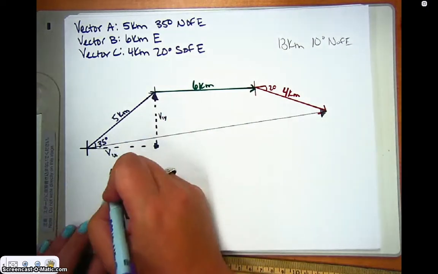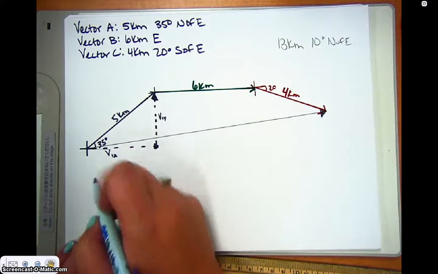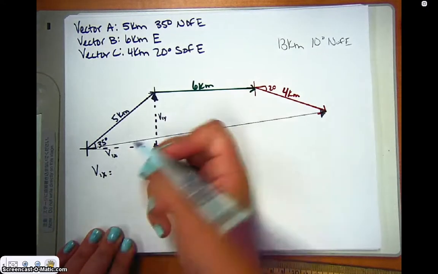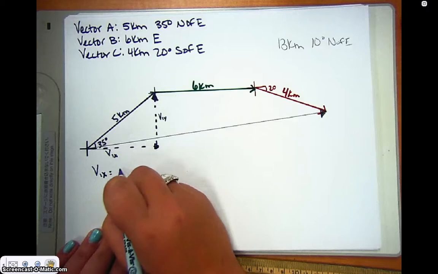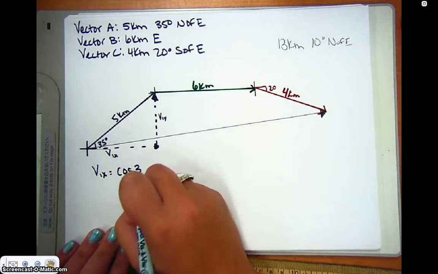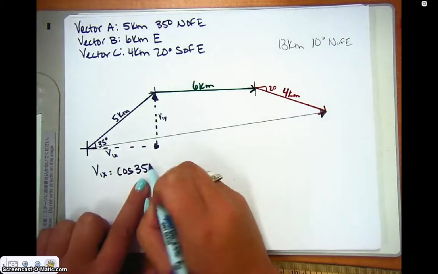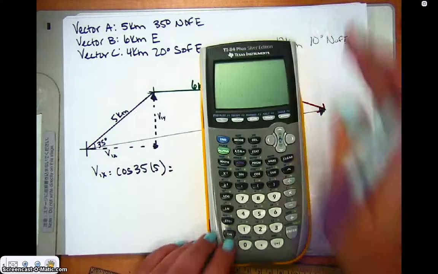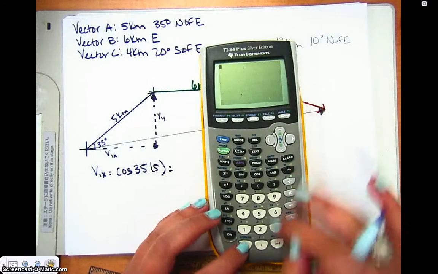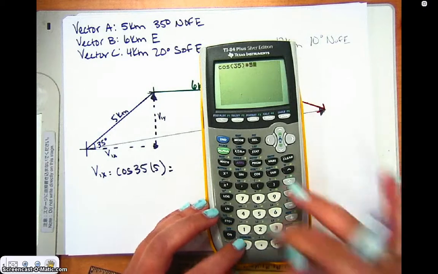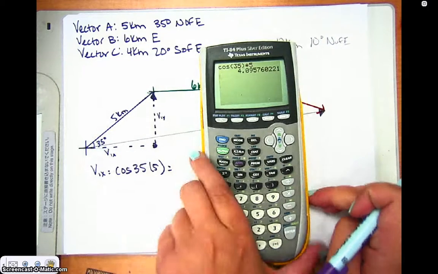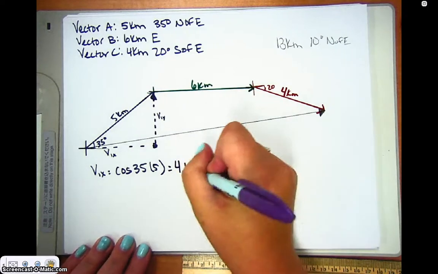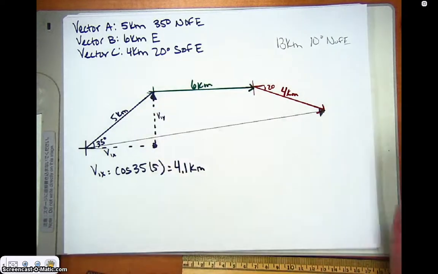So in order to calculate that, I'm going to take vector 1x is equal to the cosine of 35, and then I would multiply by the hypotenuse in order to get the length. So let's do that. So the cosine of 35 times 5 gives me 4.1 kilometers, and it is to the right, so I'm going to make it positive.